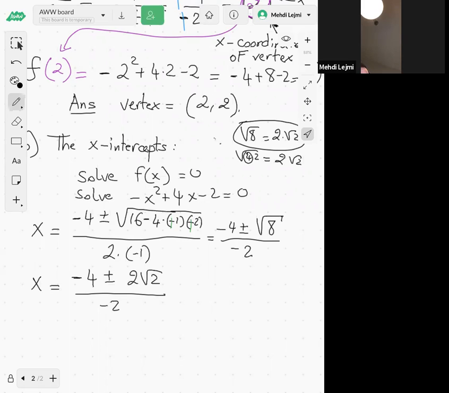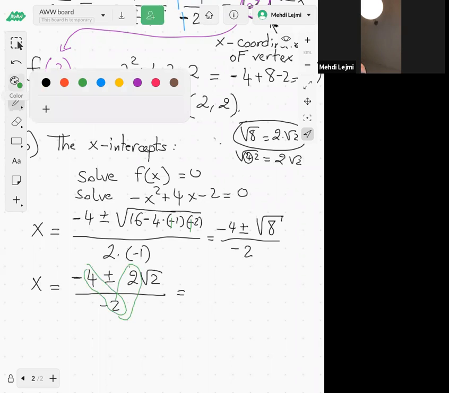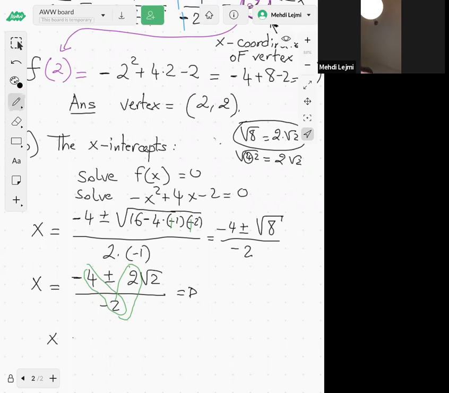You can simplify if you want, you don't have to. Here I can divide the 4 by 2 and the other by 2. Negative over negative is positive, so we have x is 2 plus square root of 2, or x is 2 minus square root of 2.